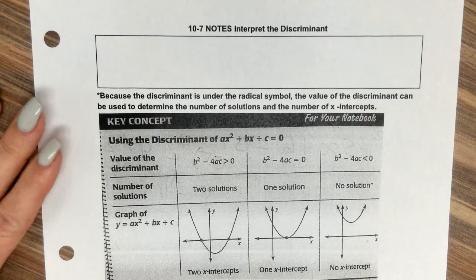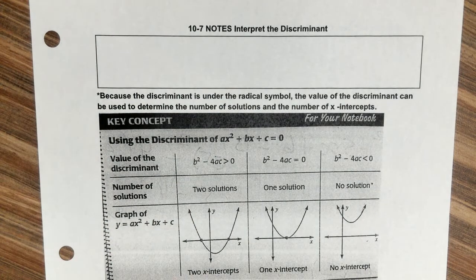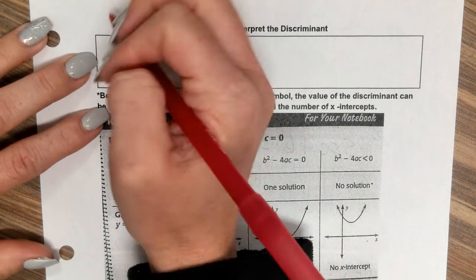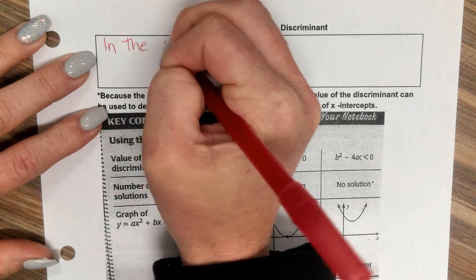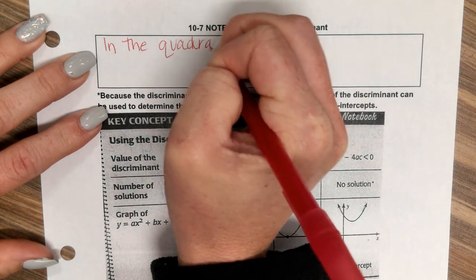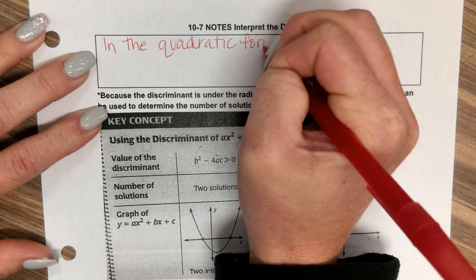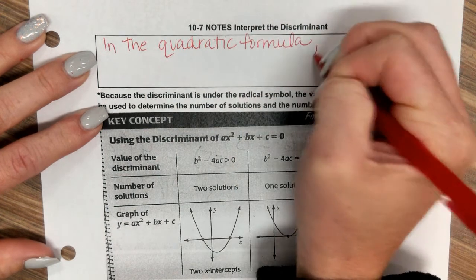Okay, today we're learning about the discriminant. So, in the quadratic formula, write this down.